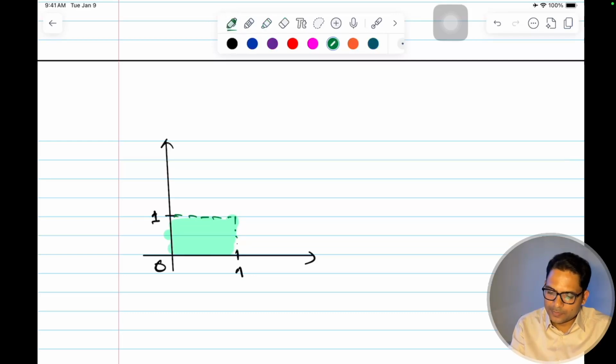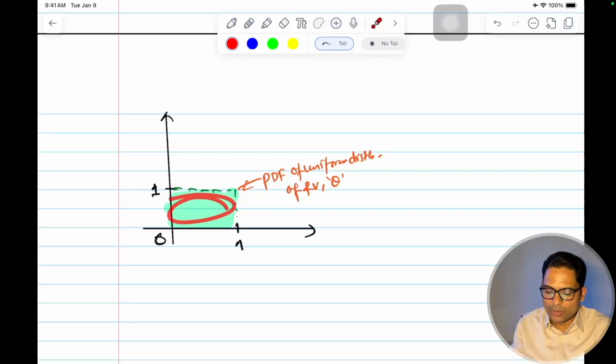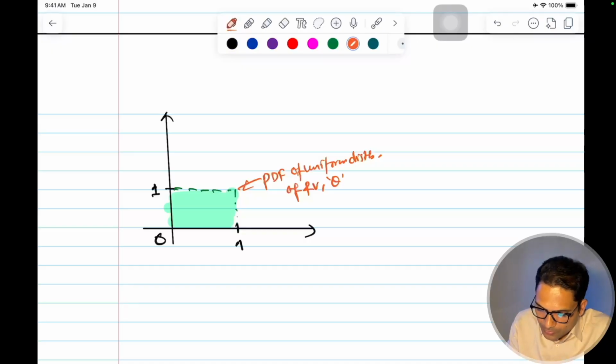This is the PDF of the uniform distribution of random variable theta. So this covers all the values, for example 0.1, 0.2, like that, up to 0.8, 0.9.